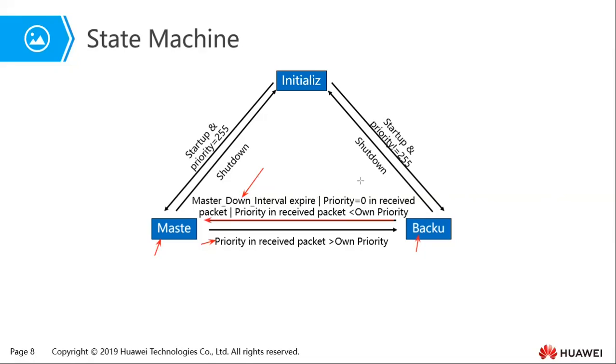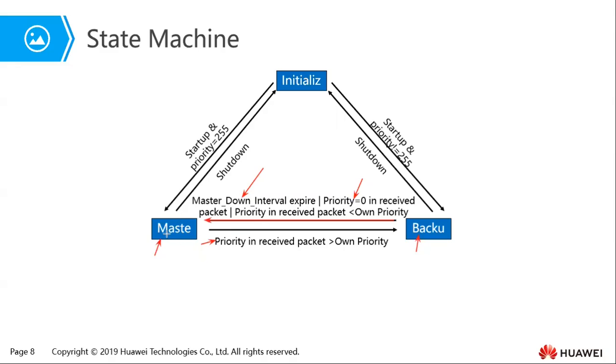The other one is when the priority in the received packet is equal to 0. This can happen, for example, if you disable VRRP on the master.